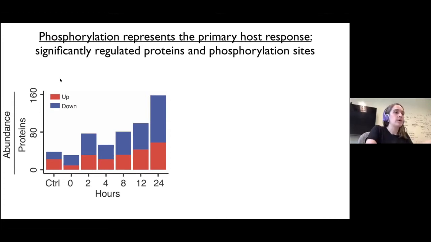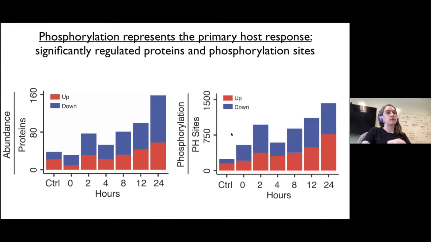But we only observe about 160 proteins out of approximately 4,000 detected in this experiment that are significantly up or down regulated over the course of infection. If you compare that, for example, to phosphorylation sites, here we observed 10 times the number of differentially regulated species, with approximately 1,500 phosphorylation sites significantly regulated. So this is really demonstrating that phosphorylation represents a primary host response in SARS-CoV-2 infection.